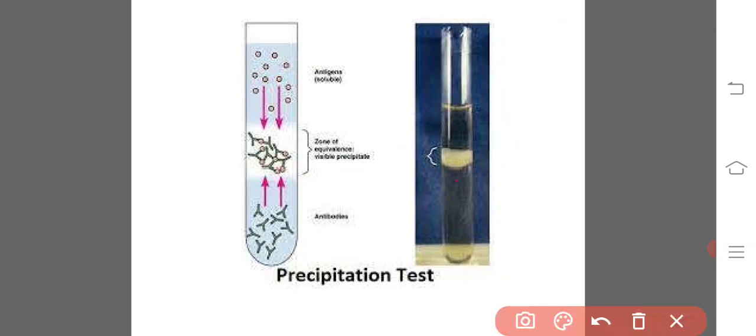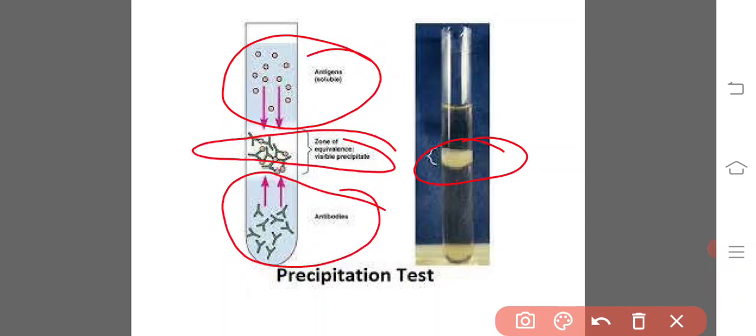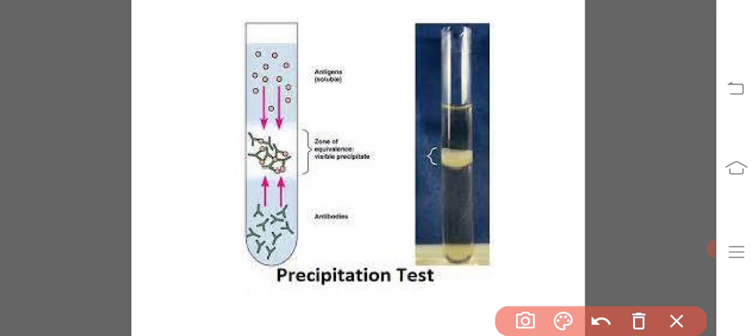This area in which the ring forms is called as the zone of equivalence. So here this is all the antigen zone and this is all antibodies where the precipitation has been formed. This is the zone of equivalence. And the test is known as the precipitation ring test.